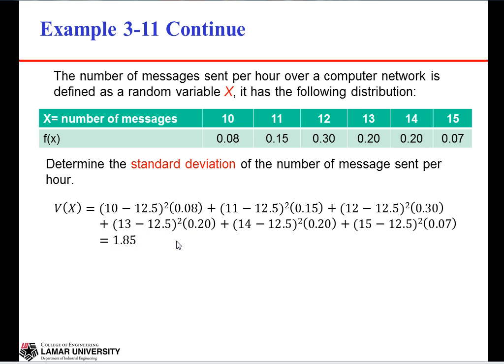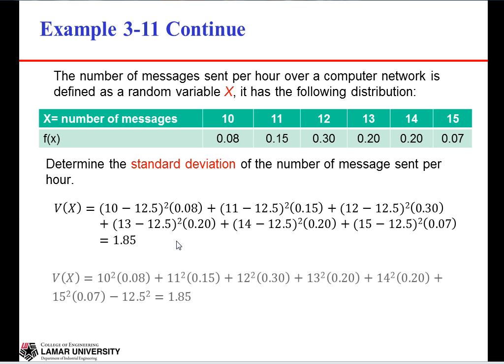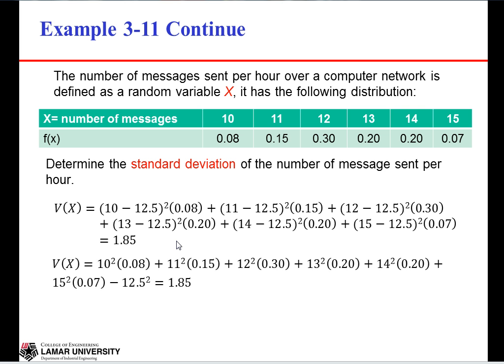And if you decided to use the second approach, here's how you do it. So here you don't have to do the subtraction of the mean of x from each individual value of xi. Instead, you just square each individual value of xi and multiply by the probability mass function.